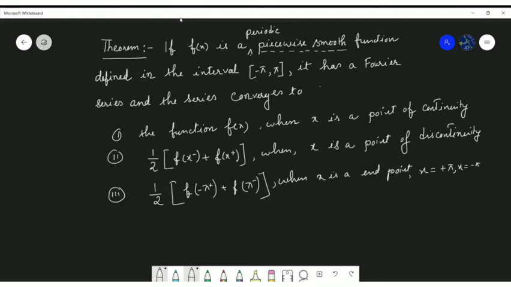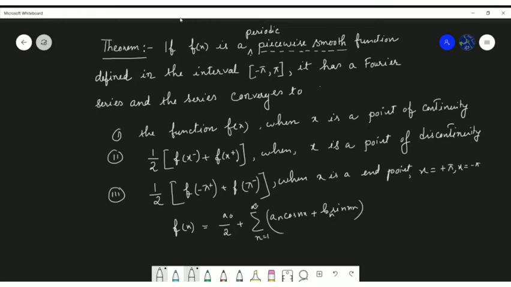So let me write the general expression of the Fourier series. We know if the periodic function is f(x), we can write the Fourier series of this function as this, the general expression of Fourier series: a n cos nx plus b n sin nx.